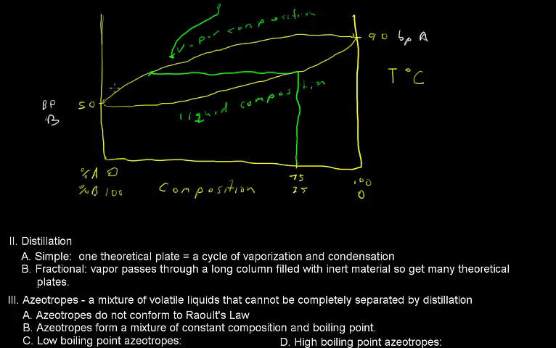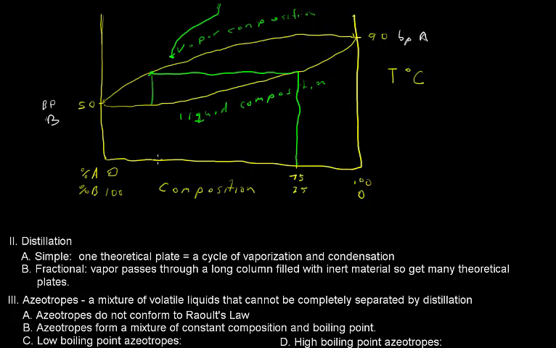And you'll note that the vapor is greatly enriched in A, which makes sense because A has a lower boiling point, 50 degrees versus 90 degrees, than does B. And so it's got a higher vapor pressure. You'll have more A in the vapor. So, important point here, though, is that because both of the components have vapor pressures, when this condenses, you don't have a pure mixture.